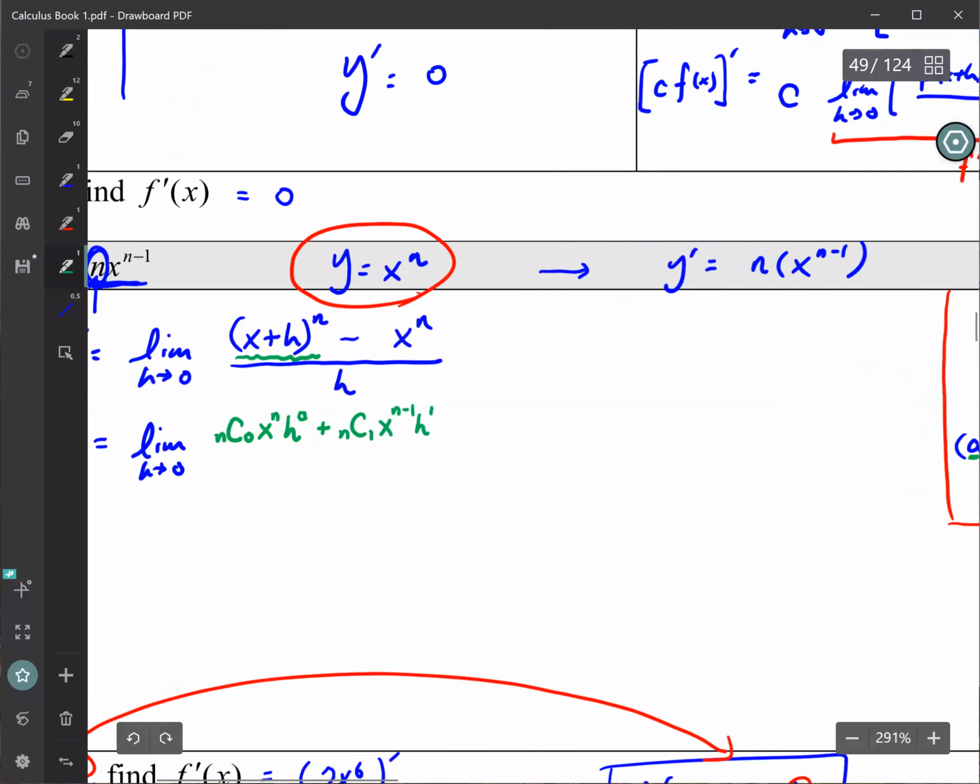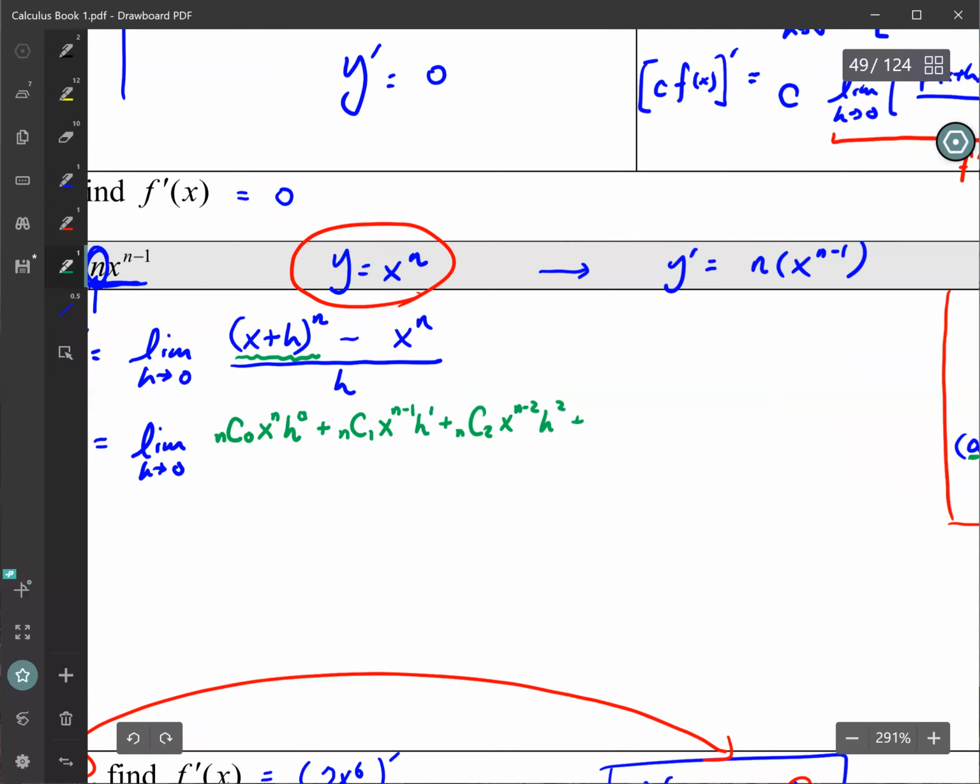Okay, and then let's do one more term. So how about Leon? Do you have any questions? No, I don't have any questions. Okay, so can you tell me what the next term looks like? Okay, it would be nC2, x to the power of n minus 2, and h squared, right? Yes.